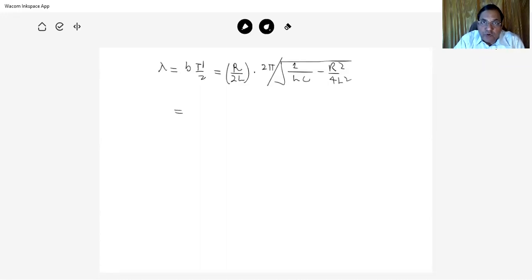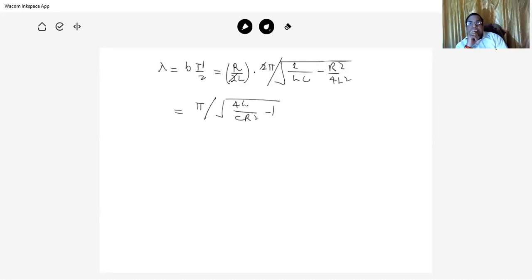So if we solve this, we are moving inside, then it is pi, this is cancelled. It is pi by under root of 4L upon CR square minus 1. LR is cancelled, CR is square 4.